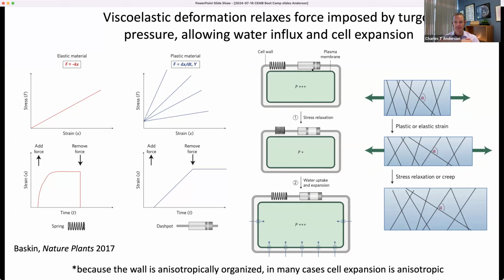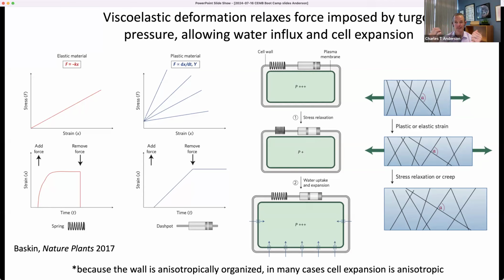So ultimately, the deformation of the plant cell wall is driven by turgor pressure. Plant cells have the ability to, for instance, pump hydrogen ions across the plasma membrane using proton ATPases. So they consume ATP to pump protons across the plasma membrane. And that can allow the membrane to hyperpolarize. And that hyperpolarization will then open voltage-gated channels that allow ions into the cell.